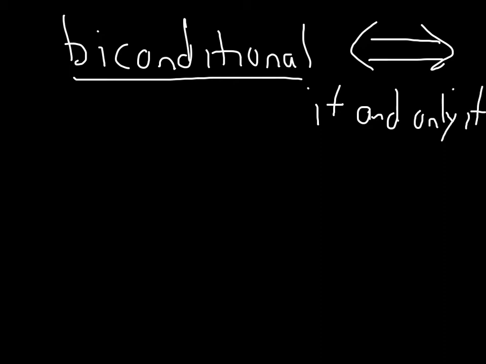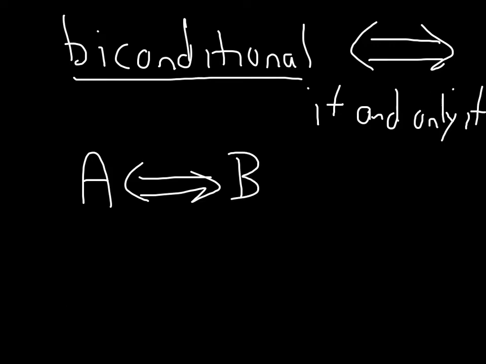And a biconditional is formed if both the conditional is true and the converse is true. So if you look at this with the double arrow, we could read it as A implies B, or going right to left, B implies A. You put the two of them together, we have biconditional.